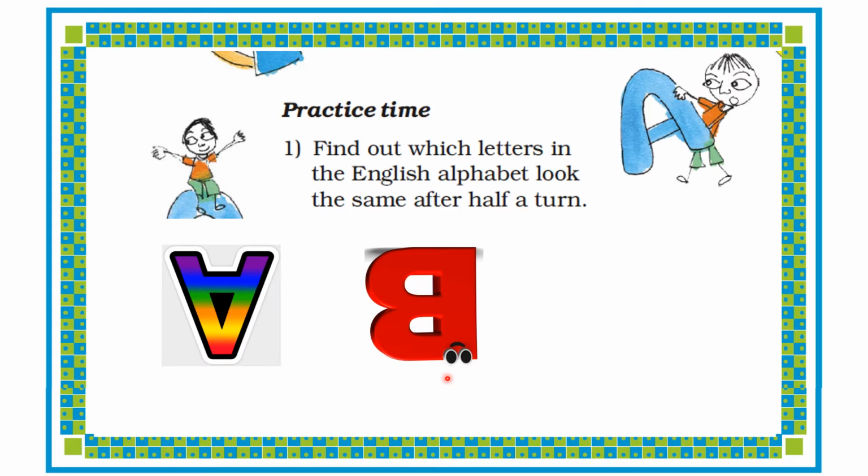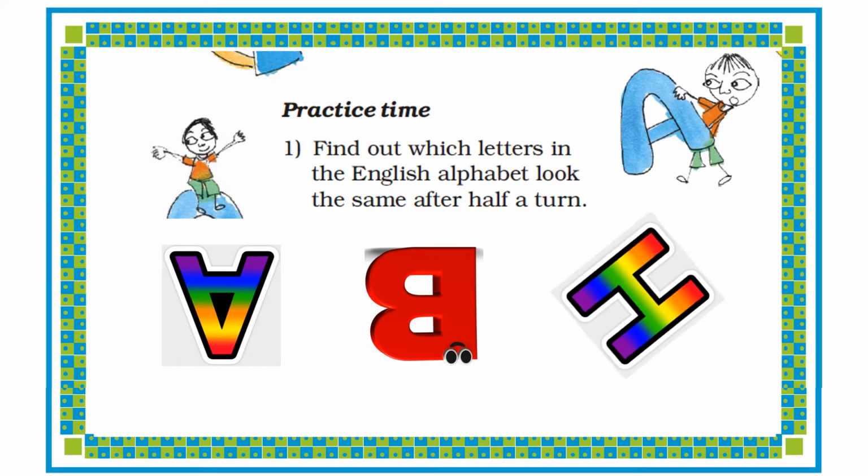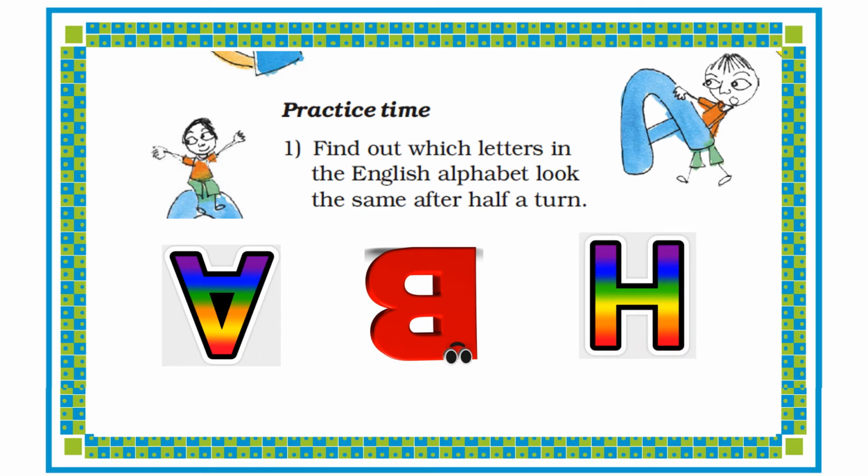So the original B and B after half a turn are not the same. Now let us look at H. When we give it half a turn, this again looks like H. That means H will look the same after half a turn.